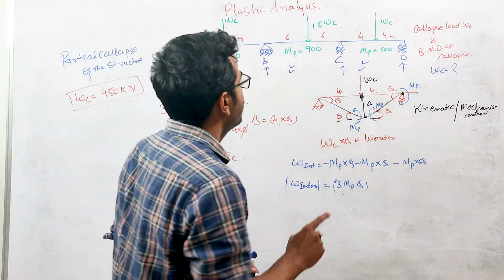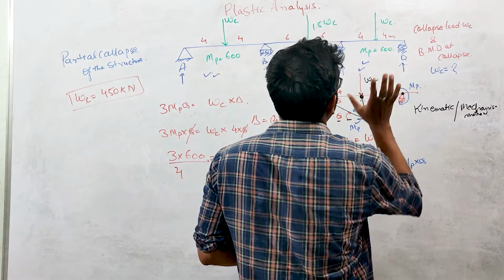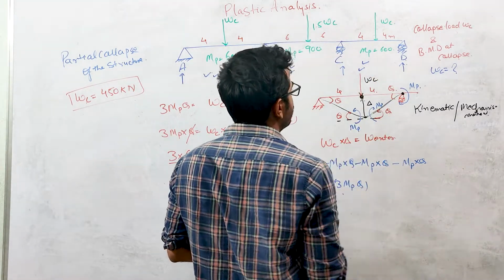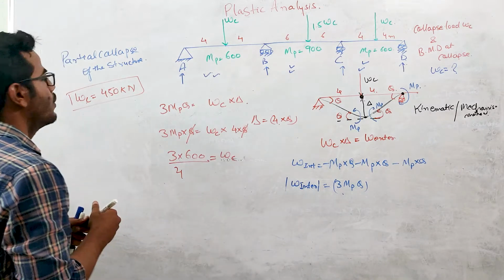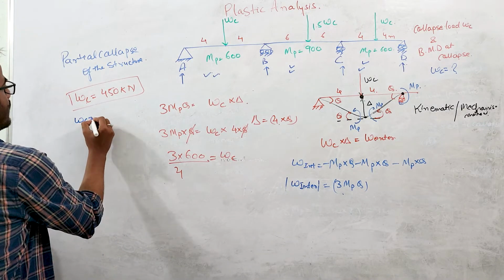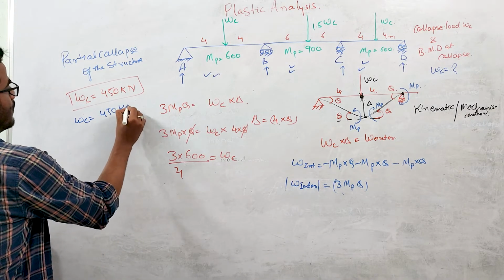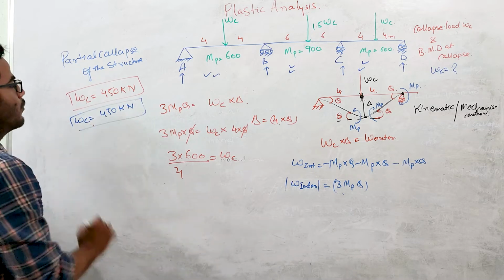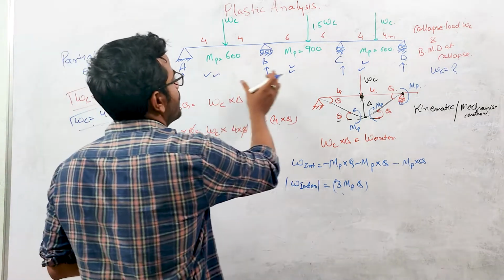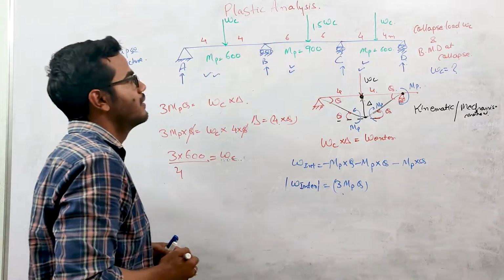Similarly, if span CD collapses, then also the plastic load required will be 450 kilonewton. Why? Because this is symmetrical to this one, right?